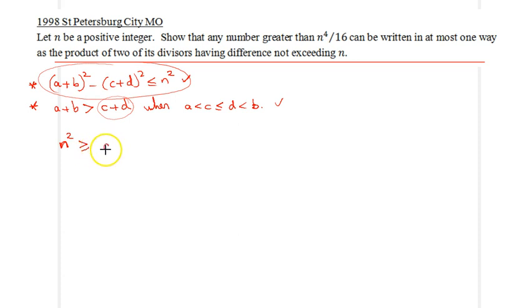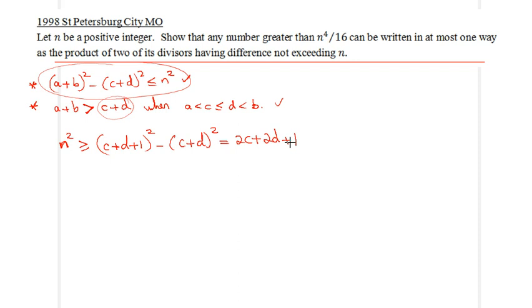So therefore, and more actually, because this is a strict inequality, it's at least c plus d plus 1. So I'm replacing a plus b with c plus d plus 1 squared, minus, we still have c plus d squared here, but that's simply equal to 2c plus 2d plus 1.